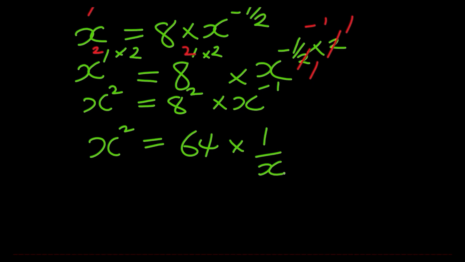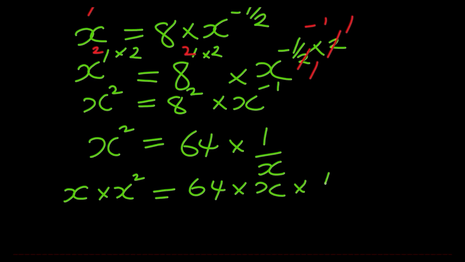So to eliminate x, we multiply both sides of the equation by x. x times x squared is equal to 64 times x times 1 over x, which is the reciprocal of x. x divided by x will give us 1. So we are left with 64 on the right hand side.